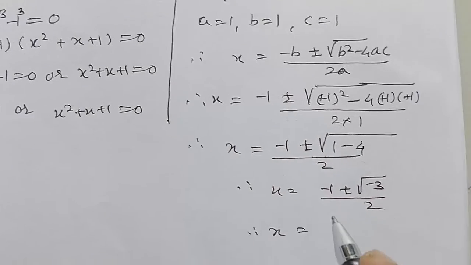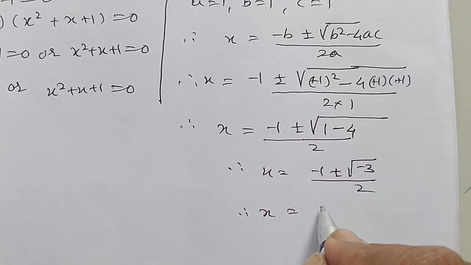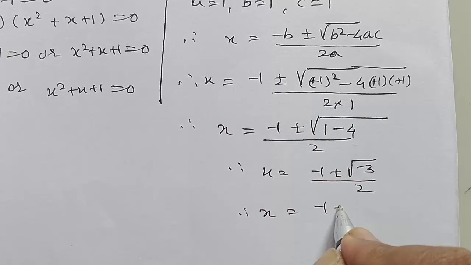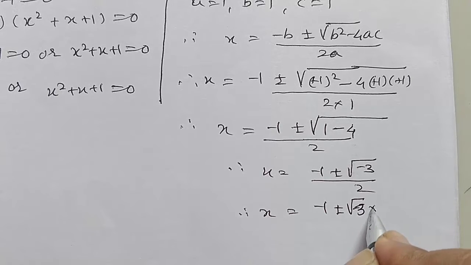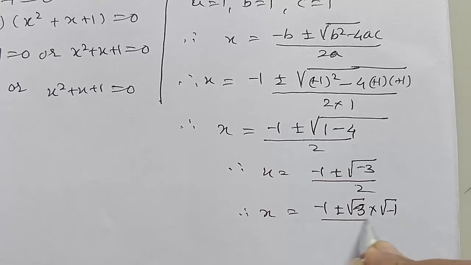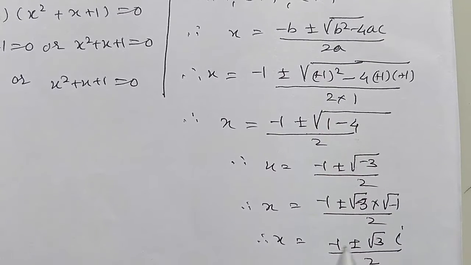Therefore, x is equal to minus 1 plus or minus under root of 3 into under root of minus 1 upon 2. Under root of minus 1 is i by definition. So x is equal to minus 1 plus or minus root 3 i upon 2.